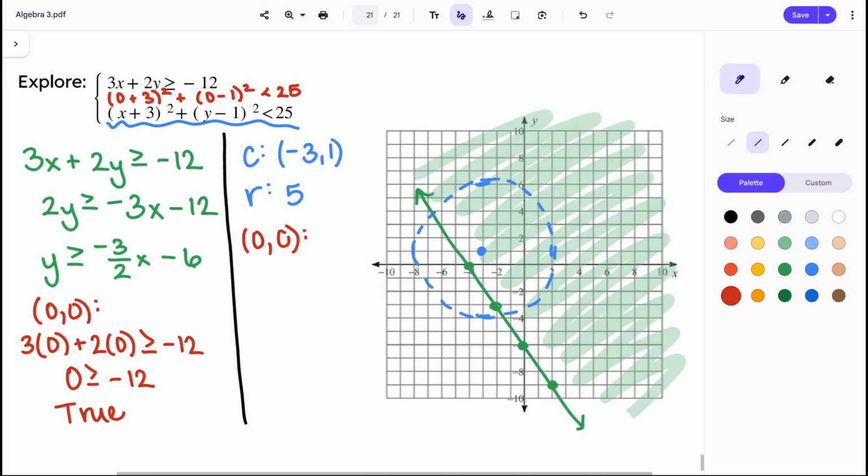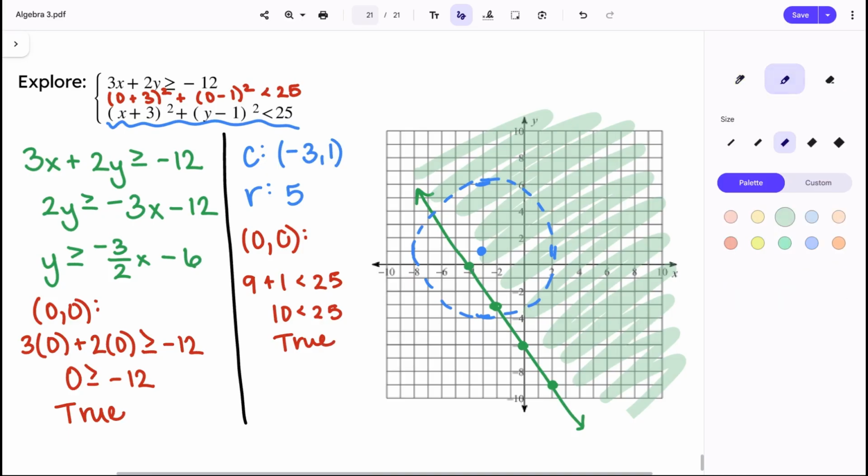So 0 plus 3 and 3 squared is 9. 0 minus 1, that's negative 1 squared would be 1. So I have 9 plus 1 less than 25. Is 10 less than 25? Yes, this is also true, which means I want to shade on the interior of my circle or on that side of 0, 0.